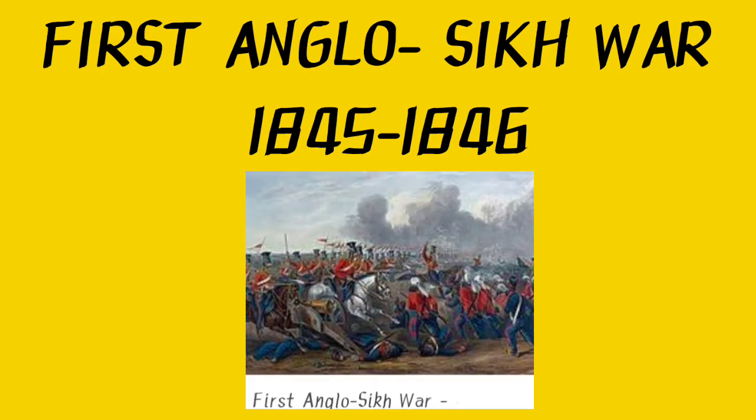As there was a friendship between Raja Ranjit Singh and the British, after his death the British did not keep the promise. The British violated the treaty of friendship with the erstwhile king. So in December 1845, a war broke out between the British and the Sikhs in Punjab.